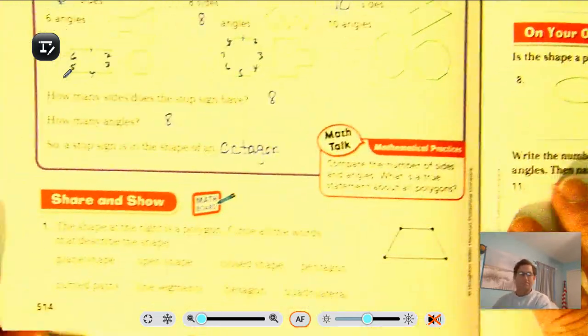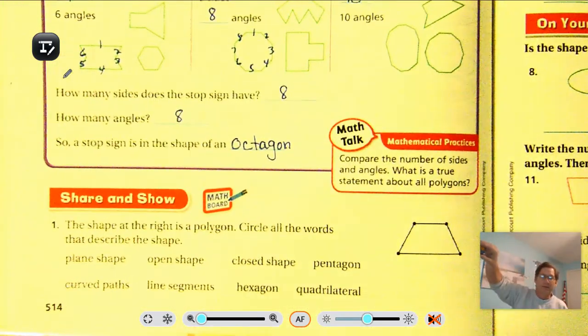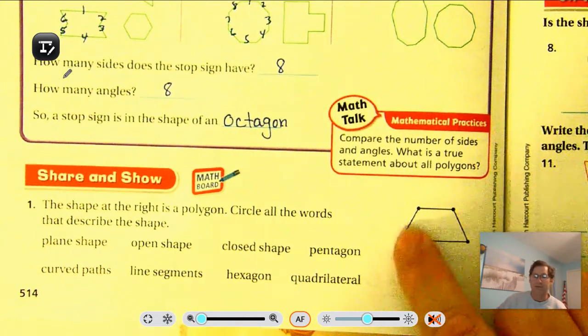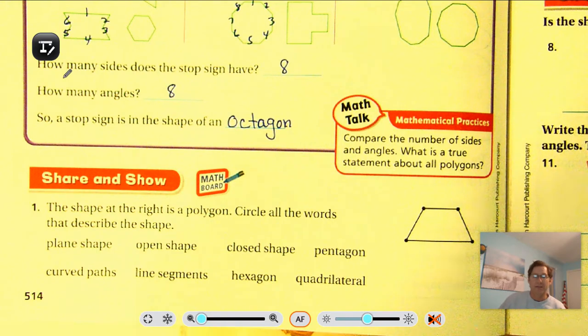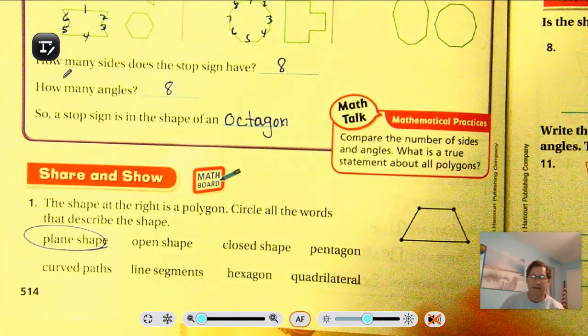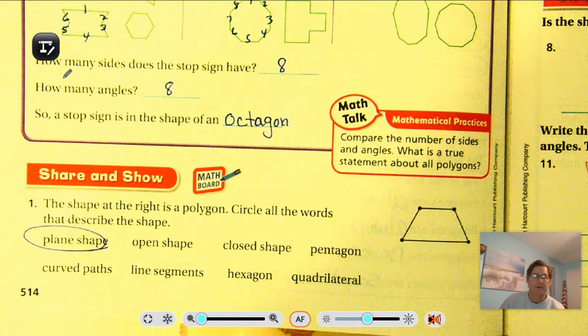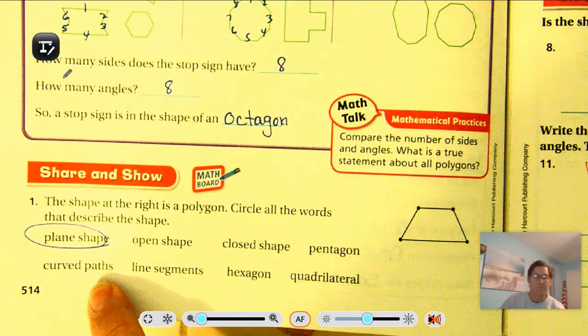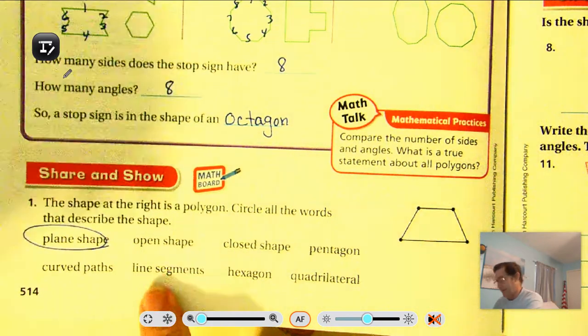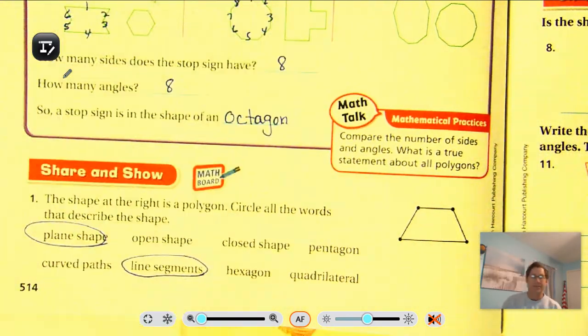Number 1. The shape at the right is a polygon. It's closed and it's made up of line segments. So describe the shape. It is a plane shape, two-dimensional, a flat shape. Curved paths? No. Open shape? No. Line segments? Yes, it has 4 line segments.